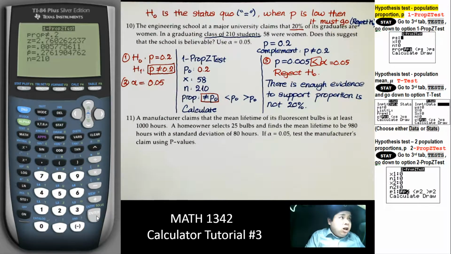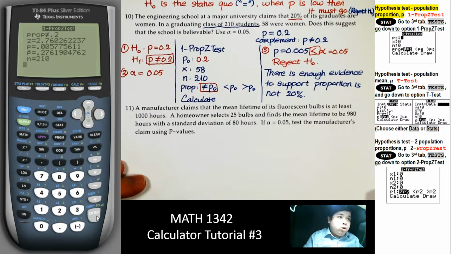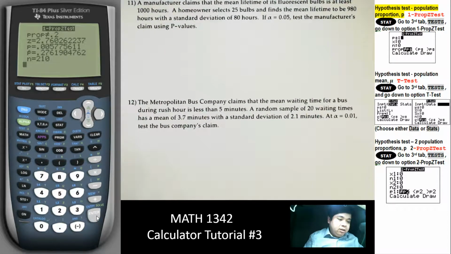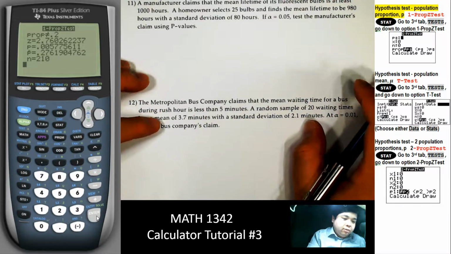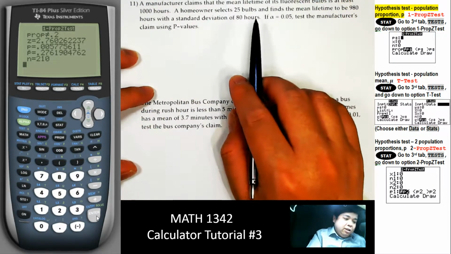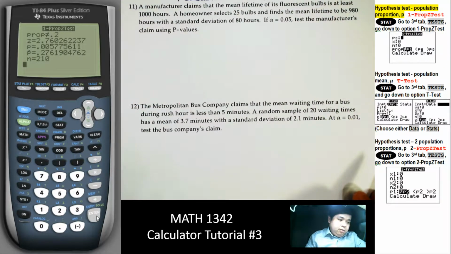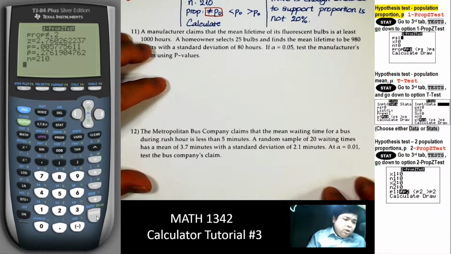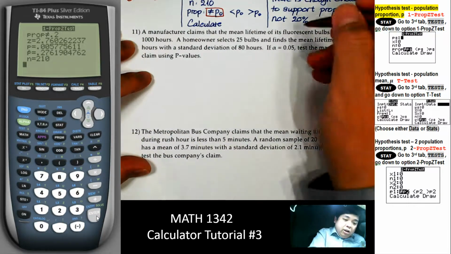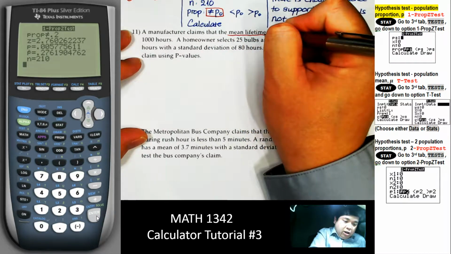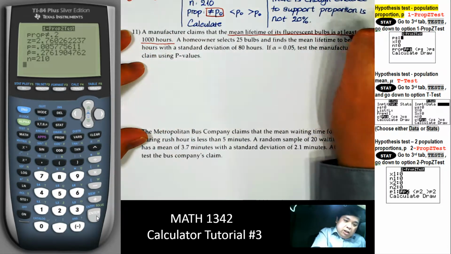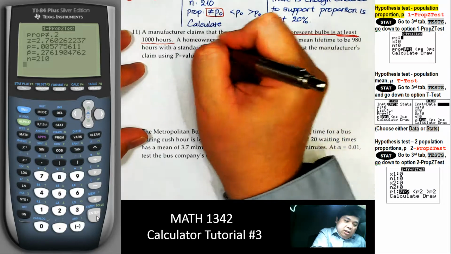Right. So the last two questions are the test for the population proportion. Now we'll go to the test for the population mean. Number 11. First the claim that the mean lifetime of light bulbs is at least 1000 hours.